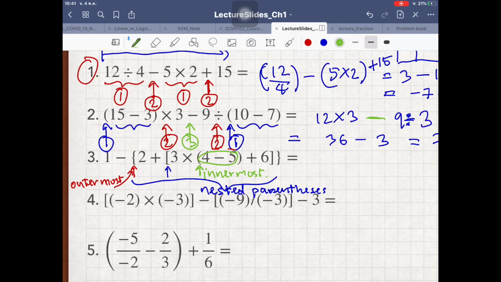So let me tell you again that in the real calculation, you start from the innermost parenthesis. So the first step, you calculate 4 minus 5, now you get minus 1.